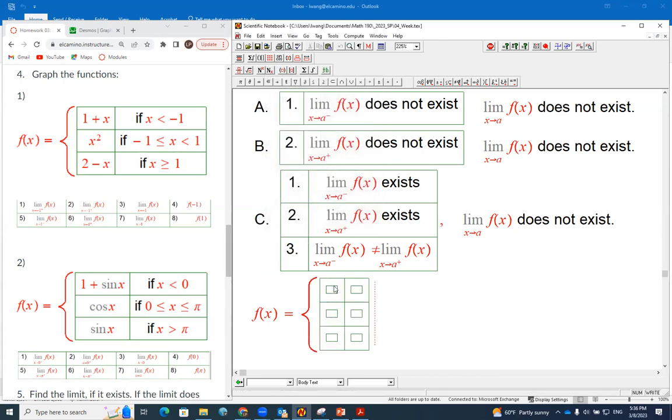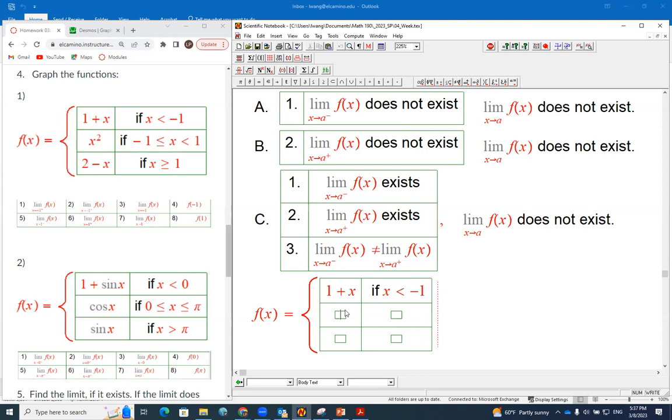The first piece is 1 plus x, if x is less than -1.